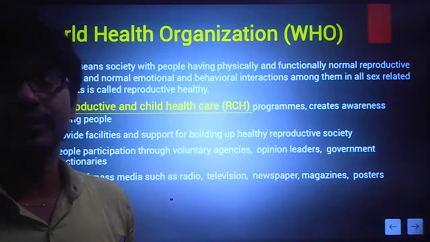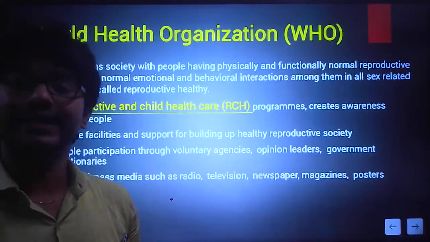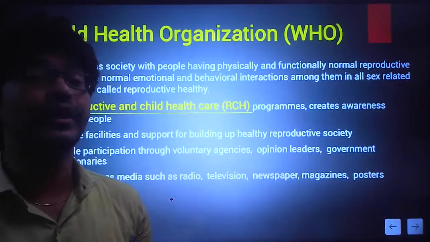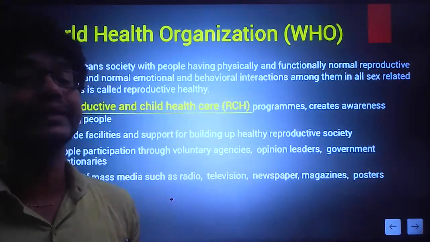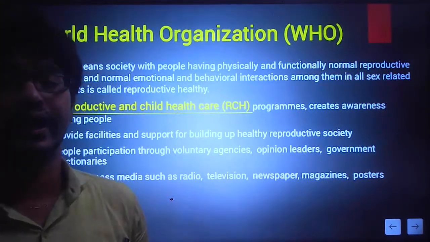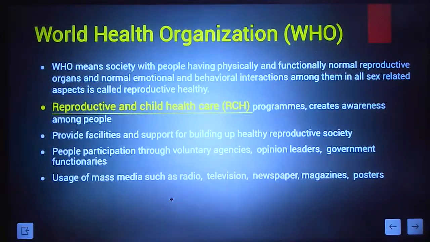You must know the basics of reproduction. Sex education is important at this age because you're in adolescence. At this age you must know all the positives and negatives, because you should not die out of ignorance. So these are the main objectives of reproductive and child health care.